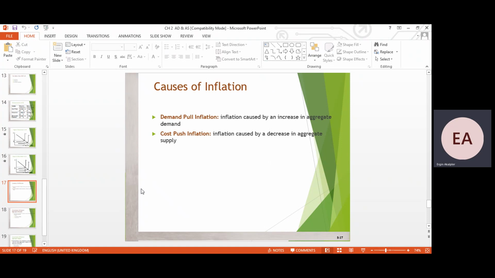Causes of inflation: demand pull inflation, which is inflation caused by an increase in the aggregate demand, and cost push inflation, which is inflation caused by a decrease in aggregate supply. Demand pull inflation: as you are observing here, inflation caused by an increase in the aggregate demand.